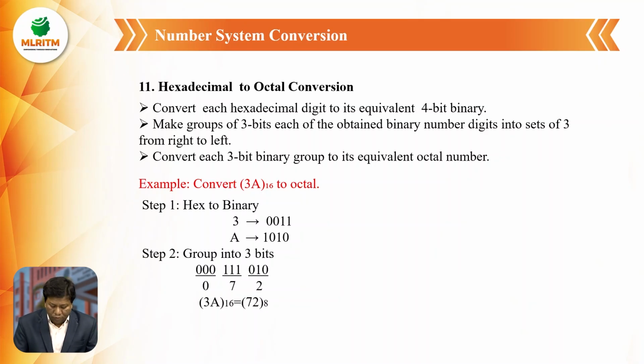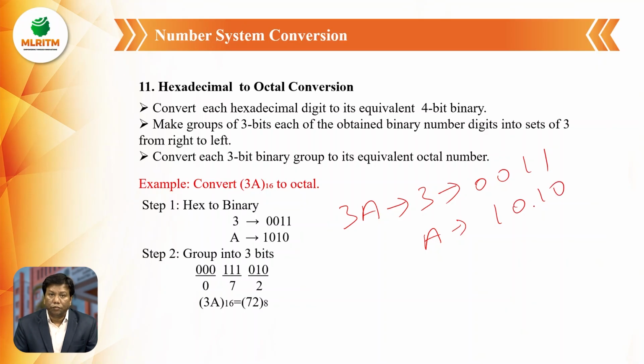Example is 3A. 3 can be written as 0011 and A can be written as 1010. Then combining that, group into 3 bits from right to left.